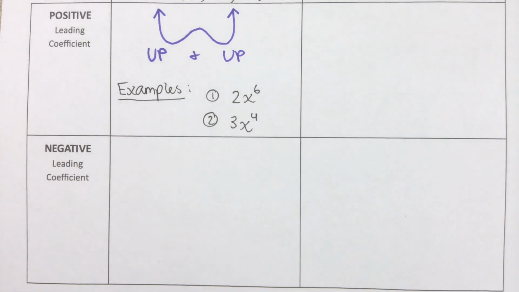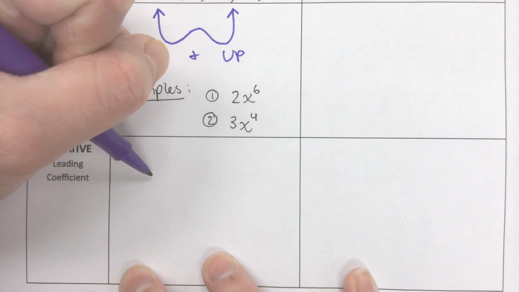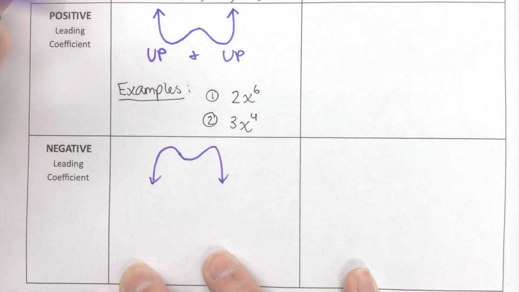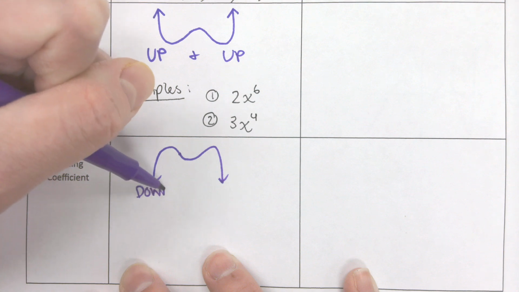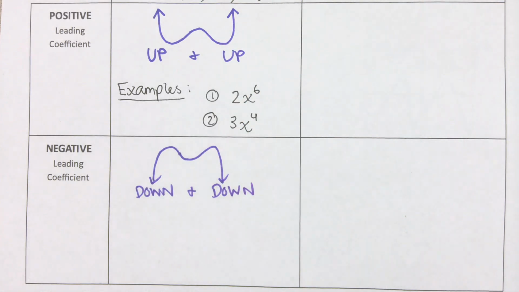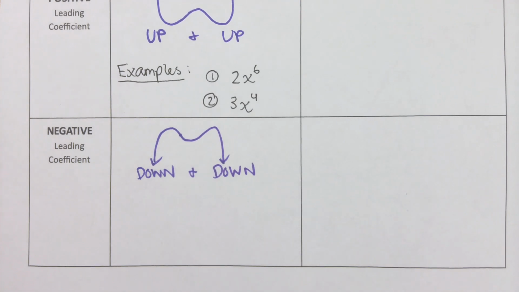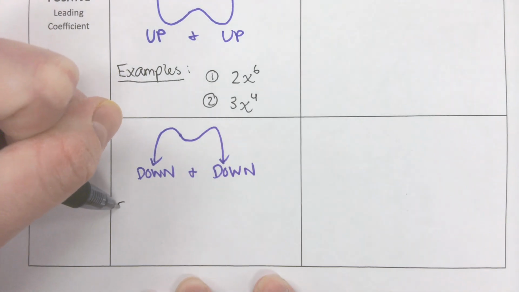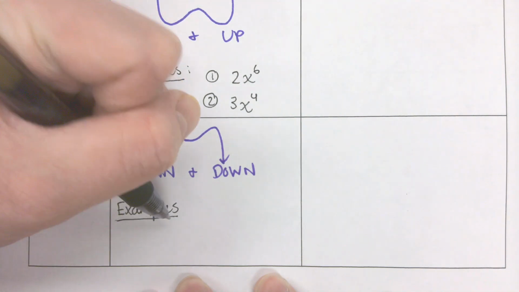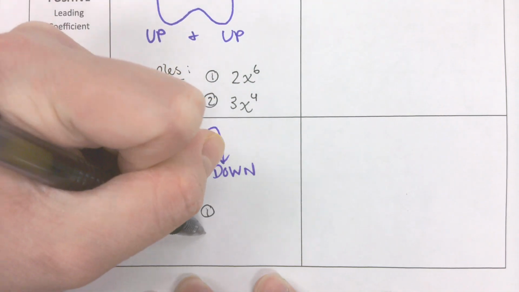Let's compare and look at the negative scenario. The negative graph is the exact opposite of up and up. Both arrows will be pointing down. Down and down. And I'm going to recycle those examples above.